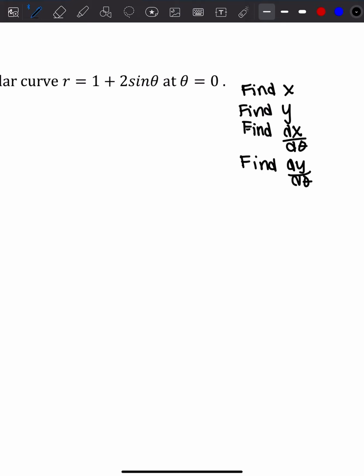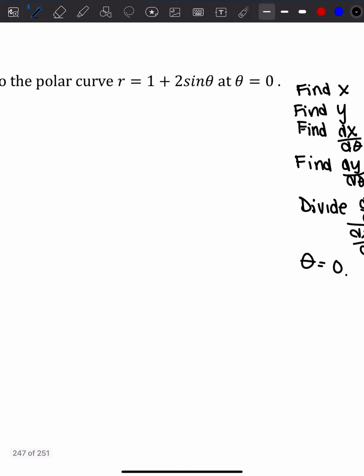And then after we have both of those, divide dy over d theta by dx over d theta. The last part that we're going to do is we have it at a specific point, so we are going to plug in the point theta equals 0. So this is our list that we need to do: find x, find y, take the derivatives of each with respect to theta, and then plug in 0.